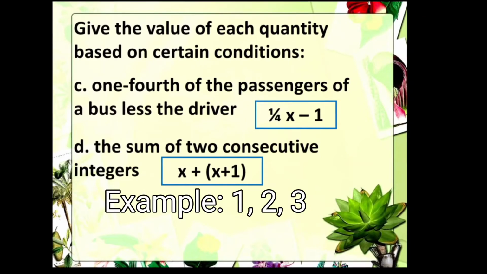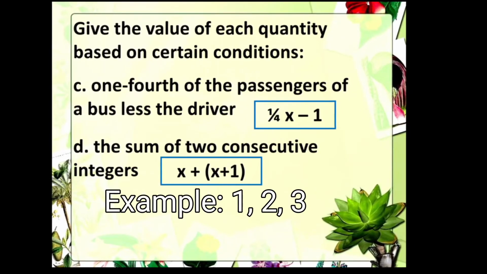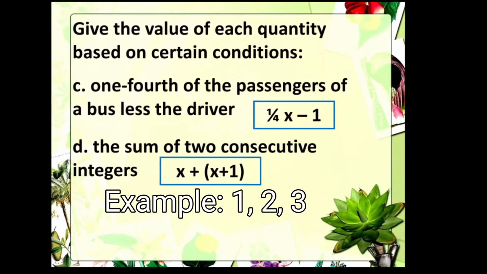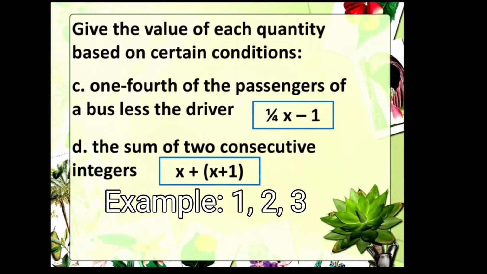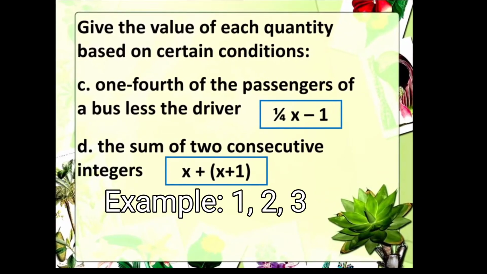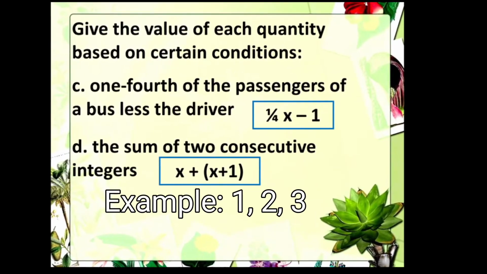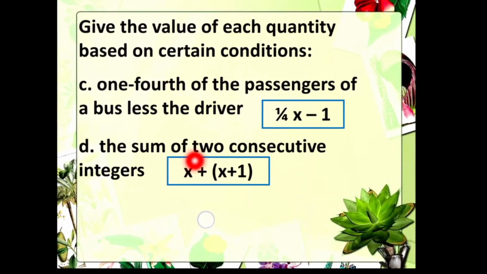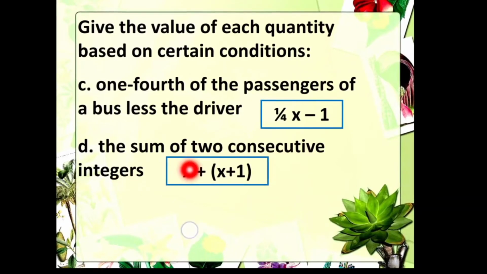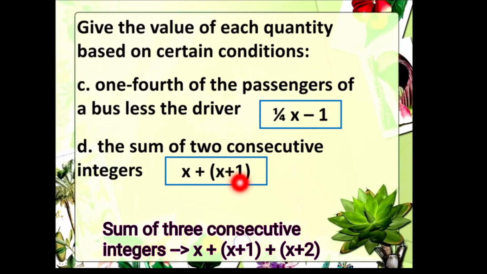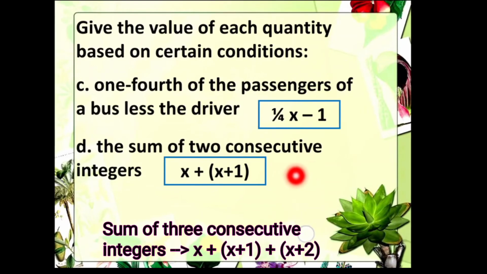So 1 plus 1 is 2. Then to obtain the third number, I have to add 2 to the first number. So 1 plus 2 is 3. So in that case, if the situation is three consecutive integers, that is x plus x plus 1 plus x plus 2.